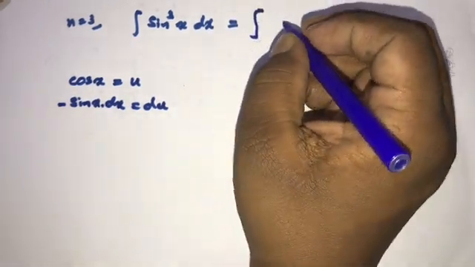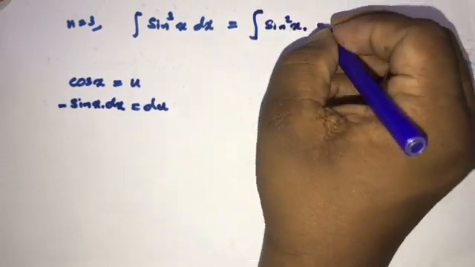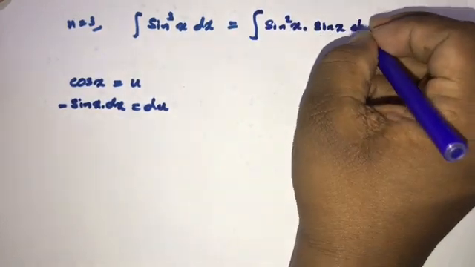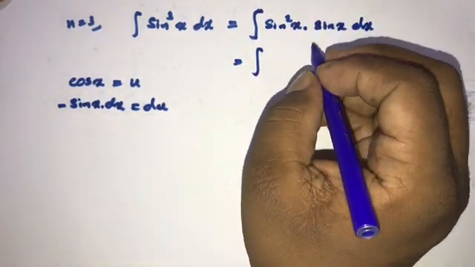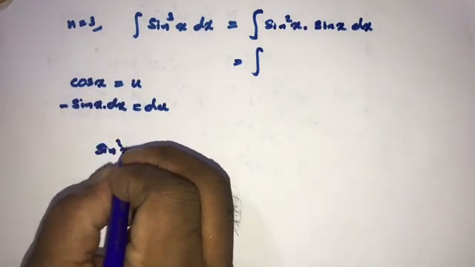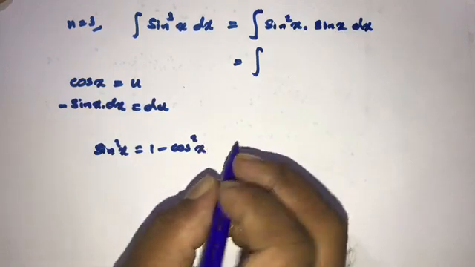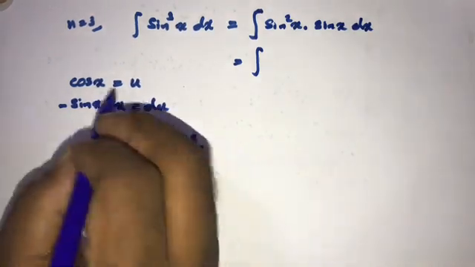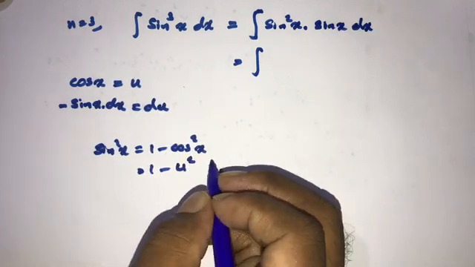Now we can write sine squared of x times sine x dx. We know sine squared x is equal to 1 minus cosine squared of x. Since cos x is equal to u, this is 1 minus u squared.